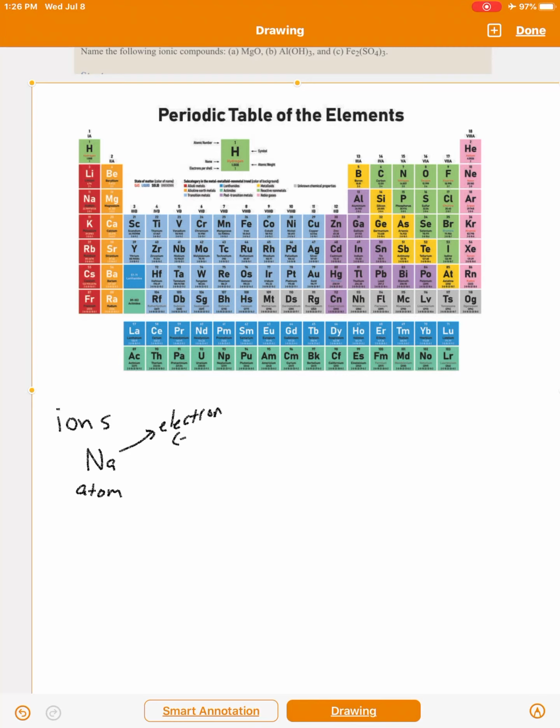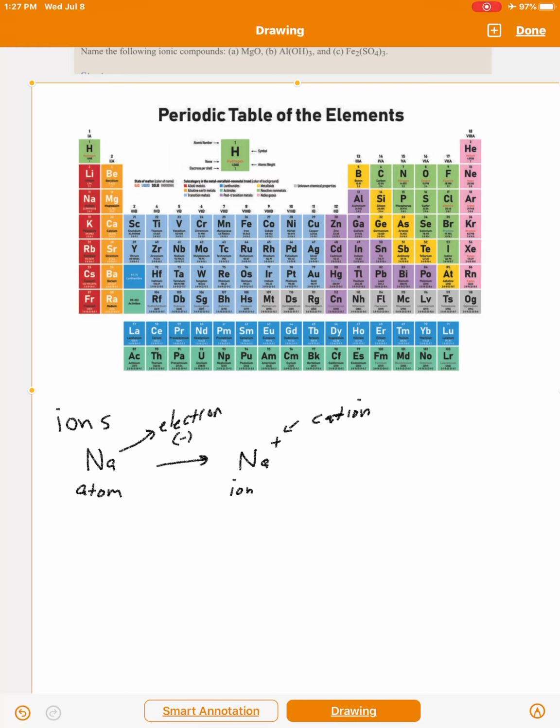Remember, the electron's negatively charged. What that gives you is a positively charged atom, which is called a sodium ion. If the ion is positively charged, it's called a cation, like the animal, cat, ion.